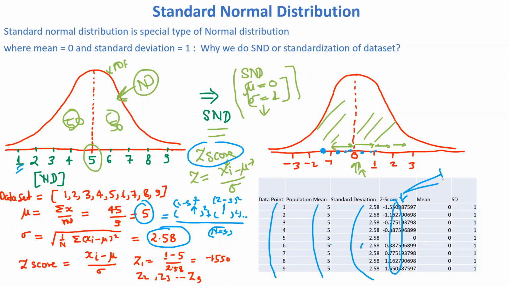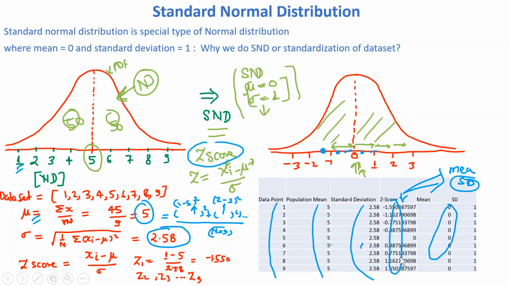If you again take the mean and standard deviation using the same formula, how do you calculate mu? Just add all the data points and divide by n, you will get 0. The mean is 0. And how will you calculate the standard deviation? With this formula: 1 divided by n, summation of (xi minus mu) whole square, then take the square root.